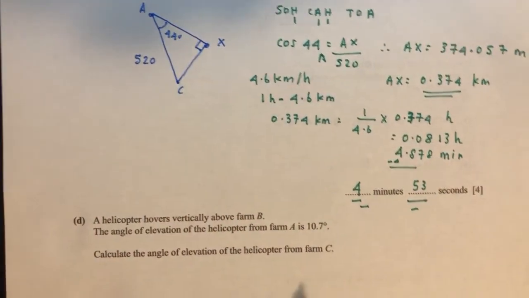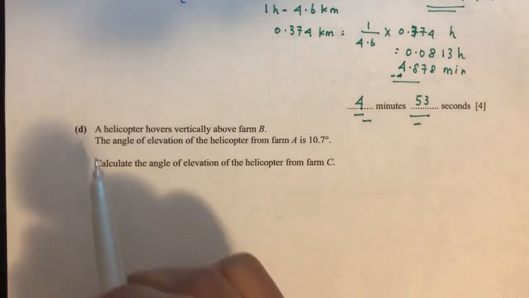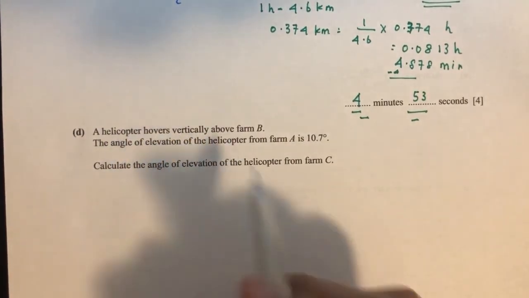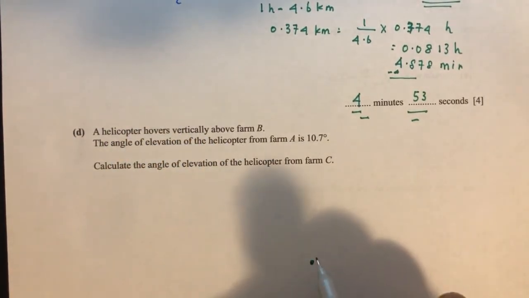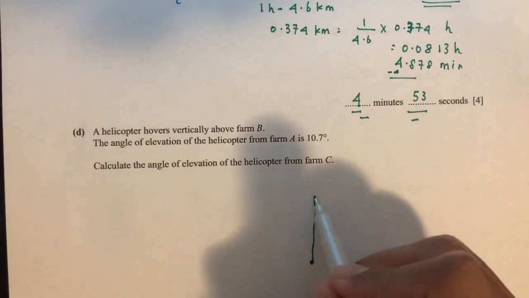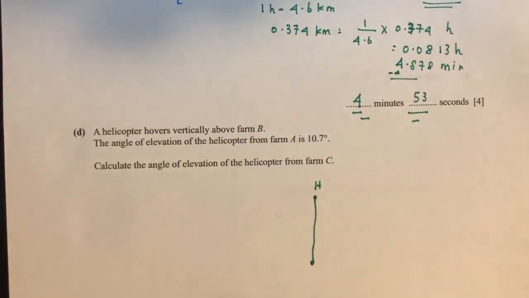Moving on to part D, we have a helicopter hovering vertically above B. So we have a point B here, and straight above it we have a helicopter.